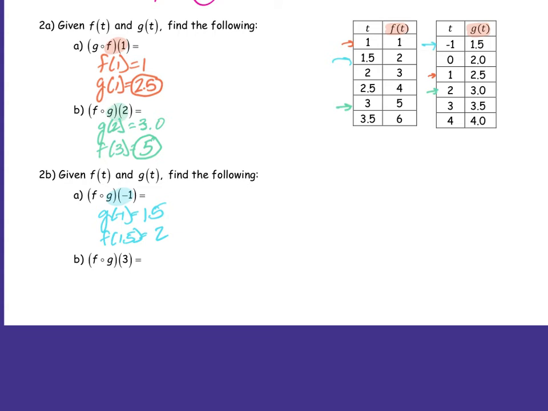And then we're going to find g of 3. So g of 3 is 3.5. And f of 3.5 equals 6. Boom. Should have circled those. Nice job. Good job, you guys. Excellent.